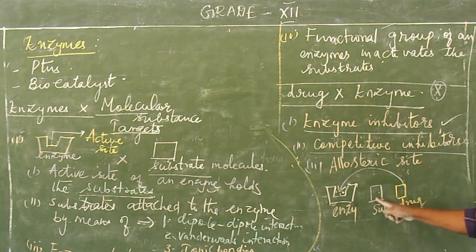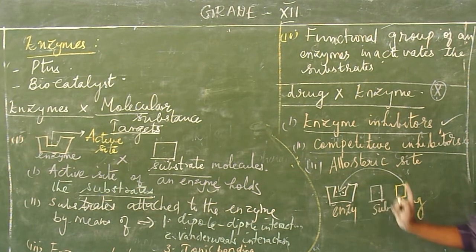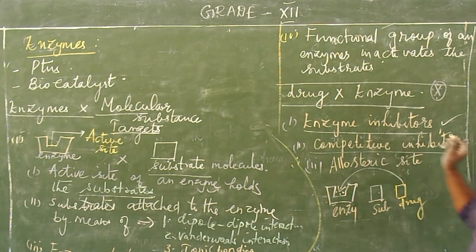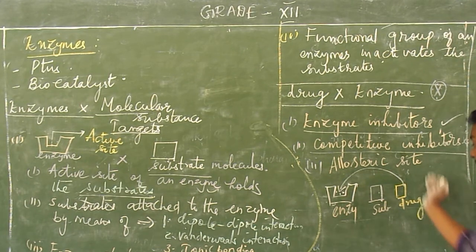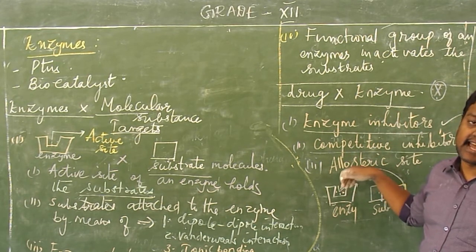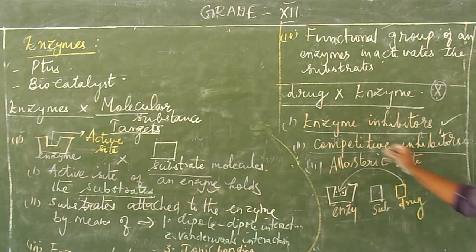So there is a competition between the substrate and the drug over which will occupy the active site first. The drug does. That is why it is called competitive inhibitors. Drugs act as competitive inhibitors.